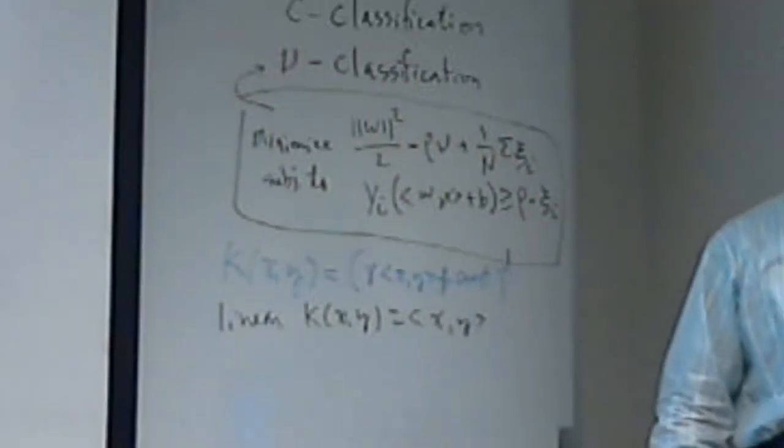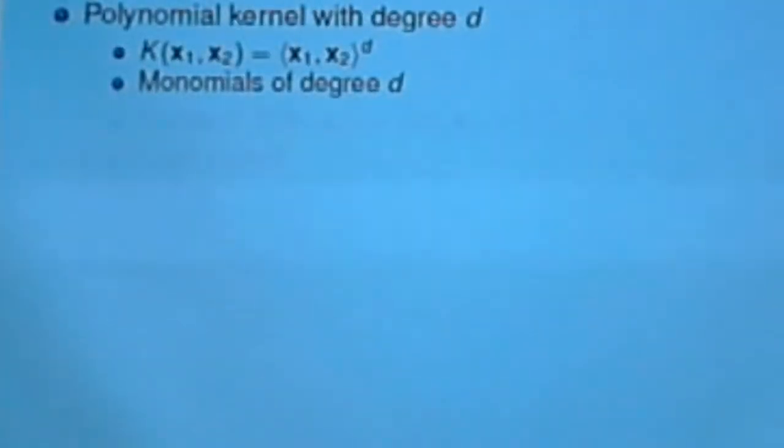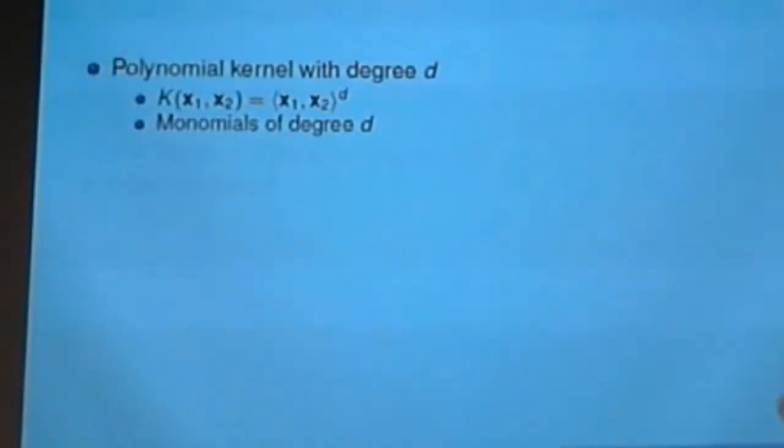Or you have this monomials of degree d basis. Here, if you talk about just two numbers, it's monomials in this sense, because what we talk about is a vector, so this is between two vectors. You might write in general the monomial.